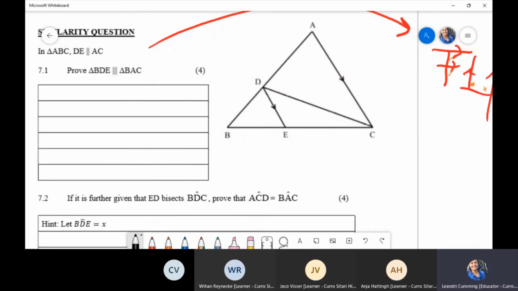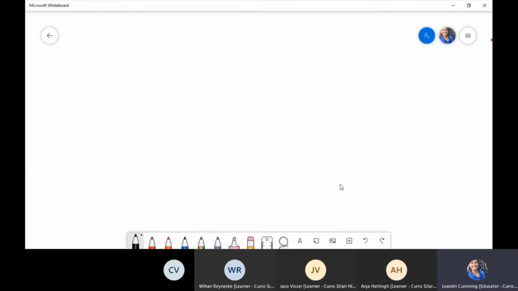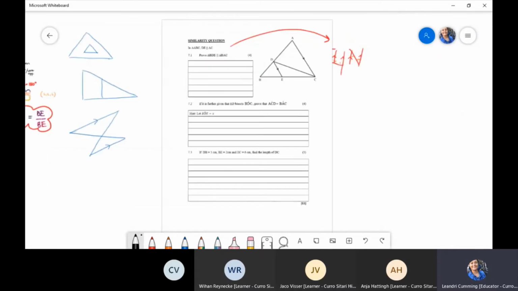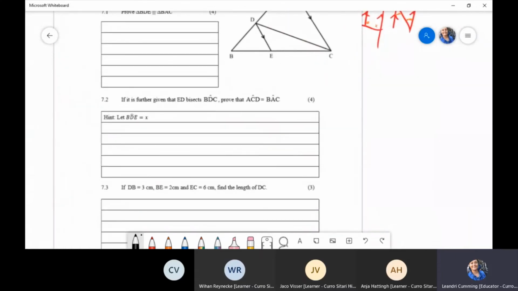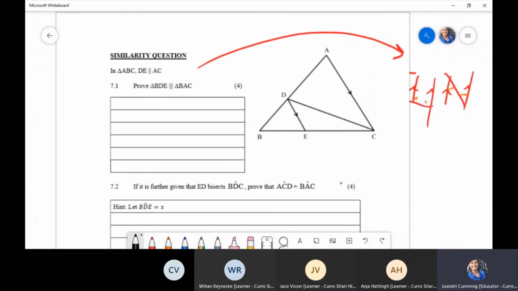Okay, so let's first start our proof by stating in what triangles we are working. In triangle BDE and triangle BAC, I need to make 3 statements with regards to angles.